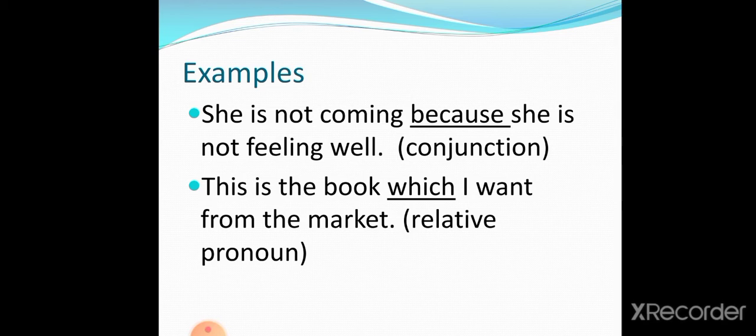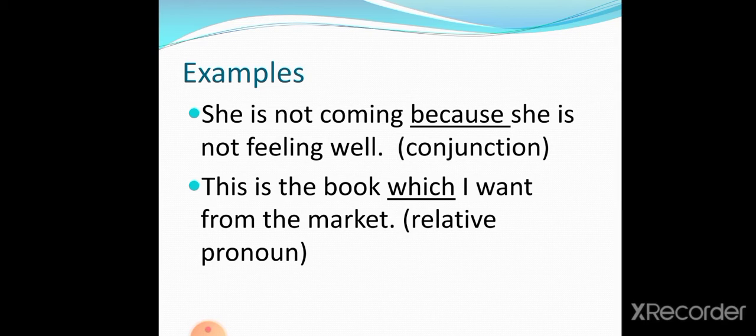Another example, this is the book which I want from the market. Which over here is a relative pronoun and it is used to join the independent clause, that is, this is the book, with the dependent clause, I want from the market. It is clear from both examples that both are examples of complex sentences.